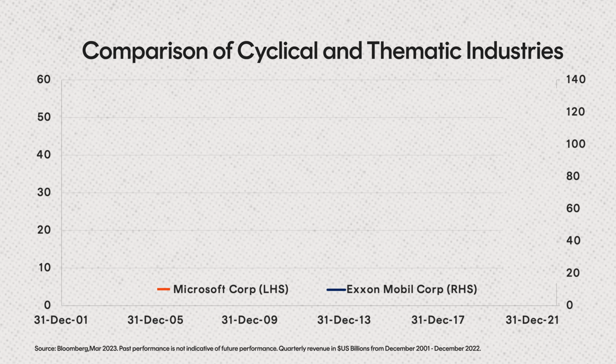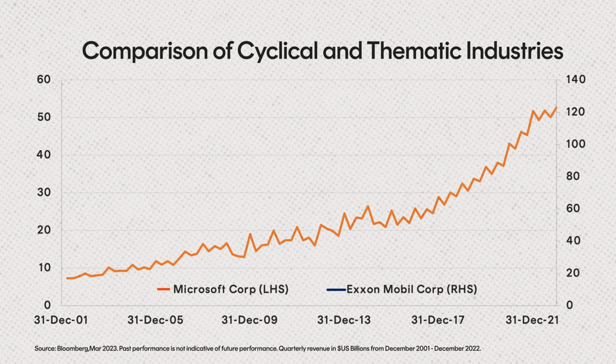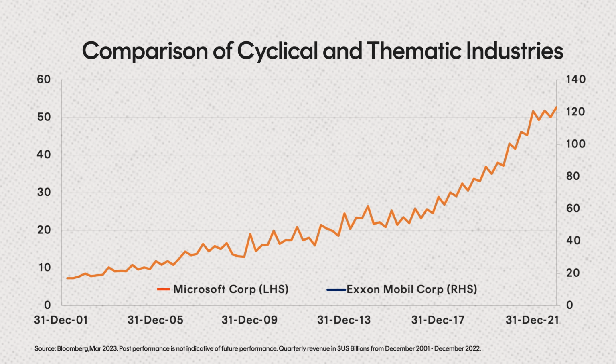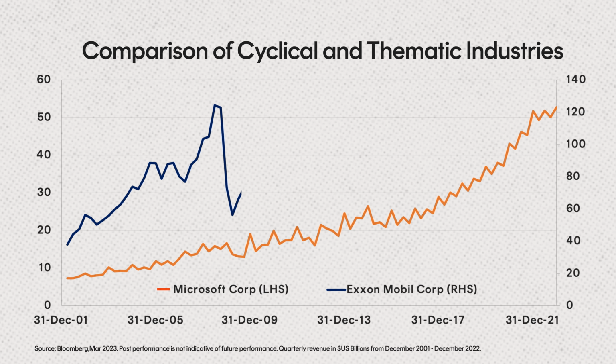Here's a simple example of the differences between cyclical and structural growth businesses. Microsoft's revenue has grown steadily since 2001. Aside from some seasonality in quarterly earnings, very little has hampered Microsoft's revenue growth. Even major economic downturns like the GFC or COVID crisis didn't adversely affect revenue growth. Compare this to the revenue growth of ExxonMobil.